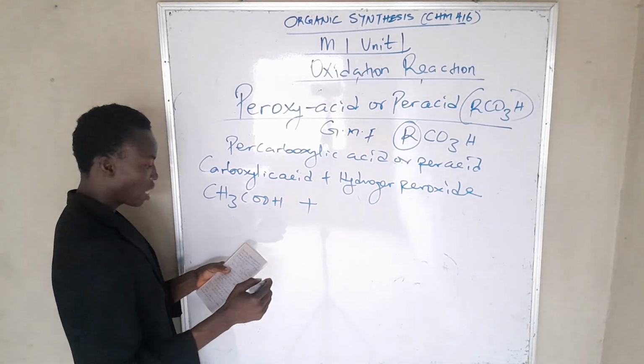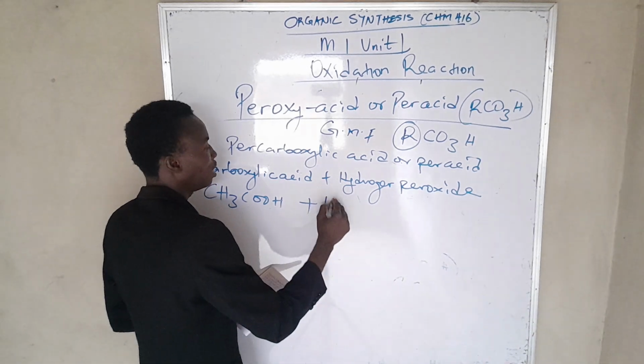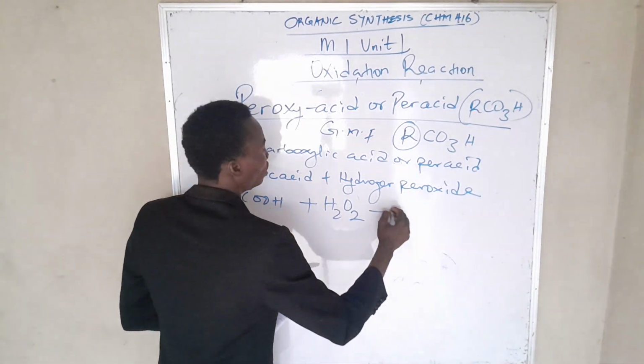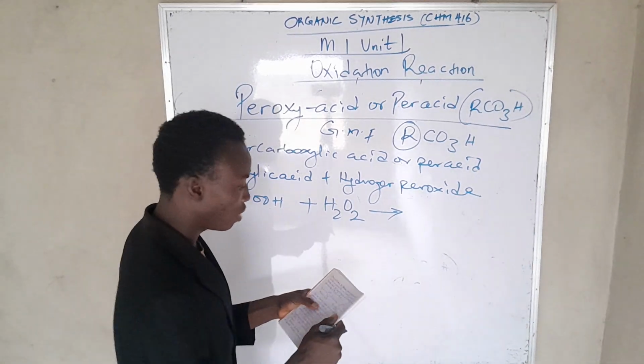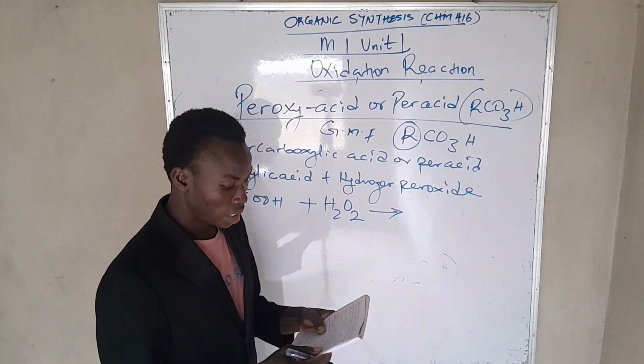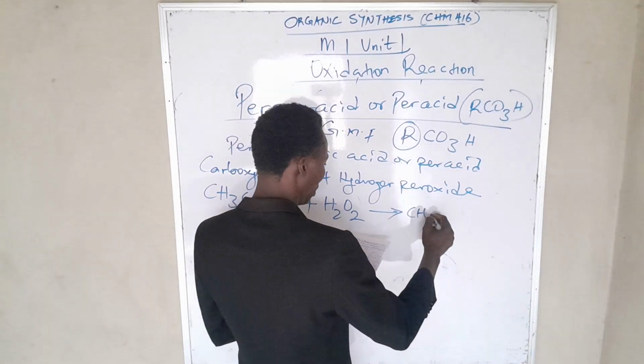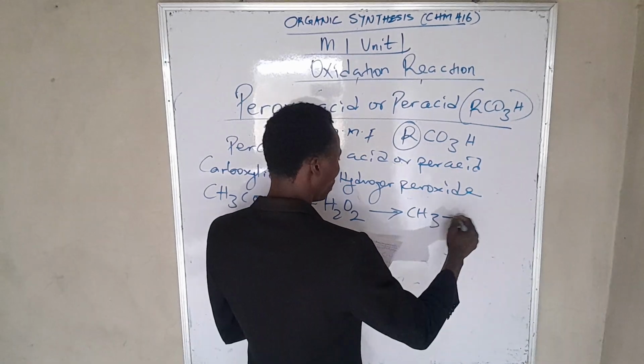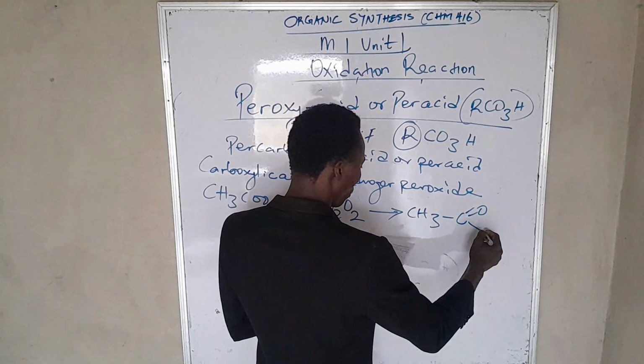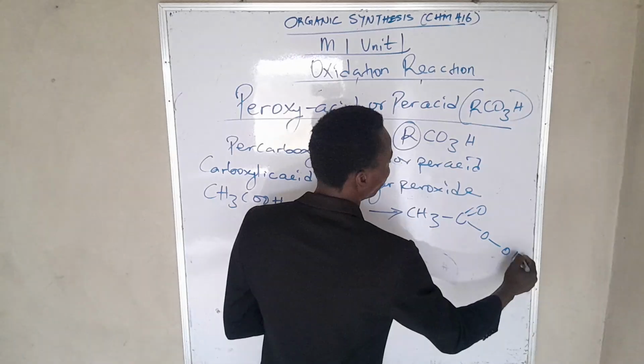When it reacts with H2O2, it forms what we call peracetic acid, such as CH3, then C double bond O, followed by O, then OH.